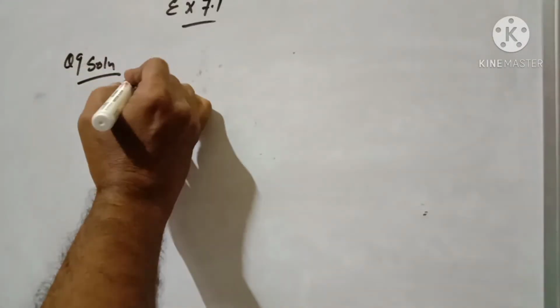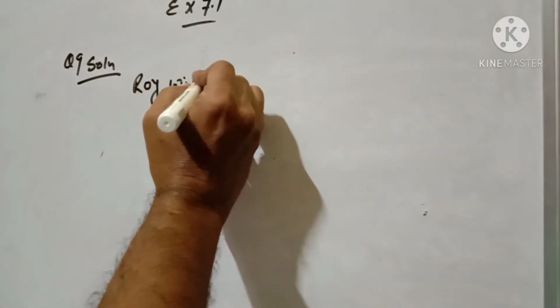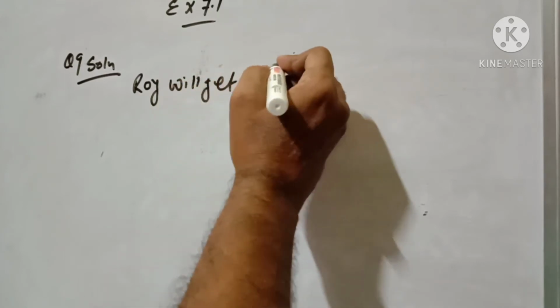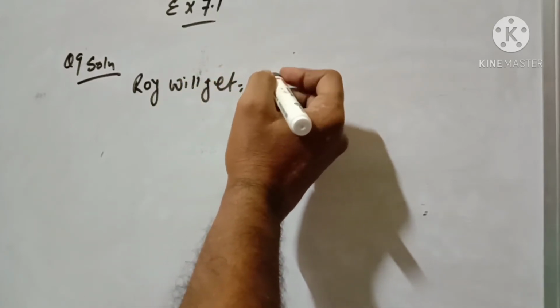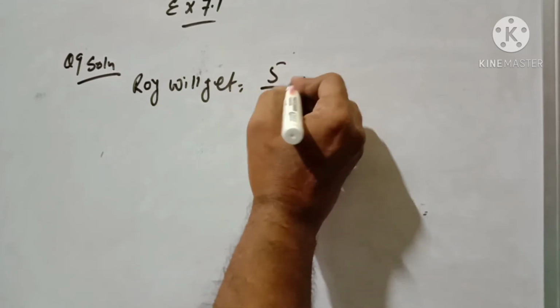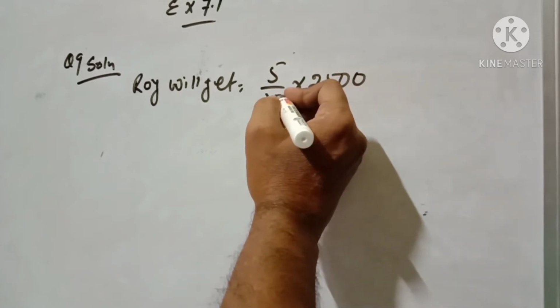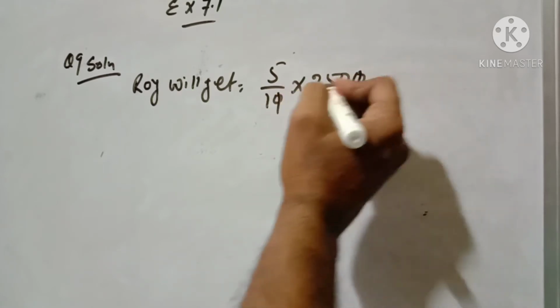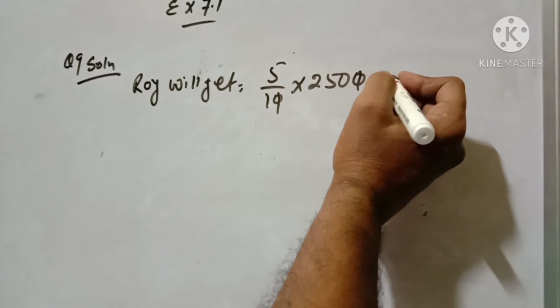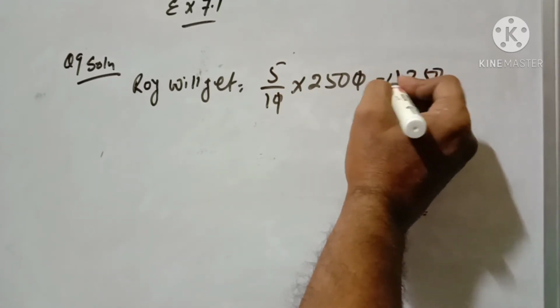Now we have to find out Roy's. Now Roy will get what? Roy's part is 5 by 10 into 2500. So it will come 1250 rupees.